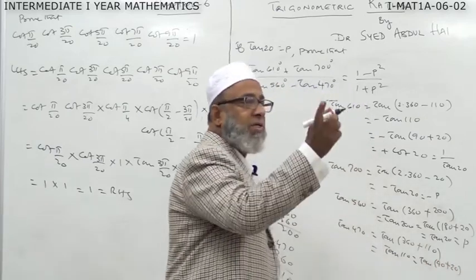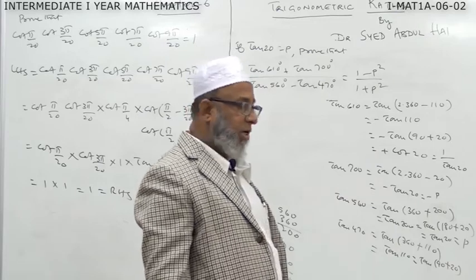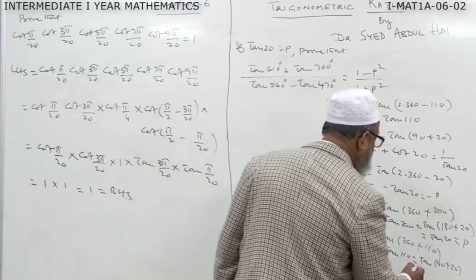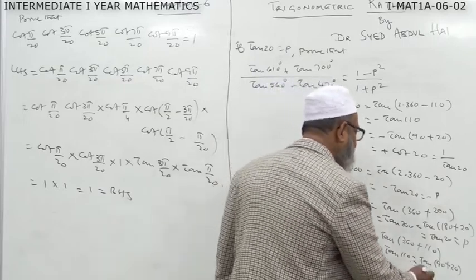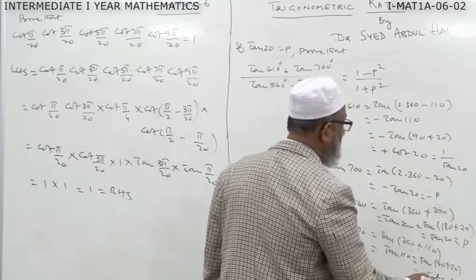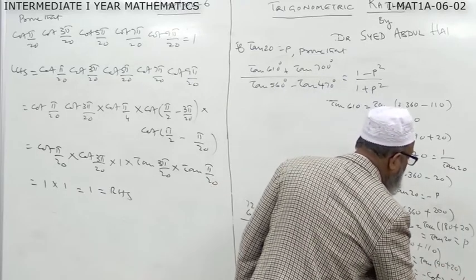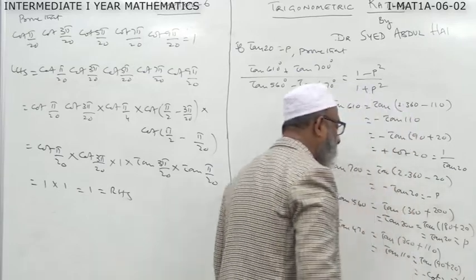Which quadrant? Second quadrant. In the second quadrant tan becomes cot, and tan is negative. So tan becomes cot. Cot is equal to 1 by tan 20, which is equal to minus 1 by P.